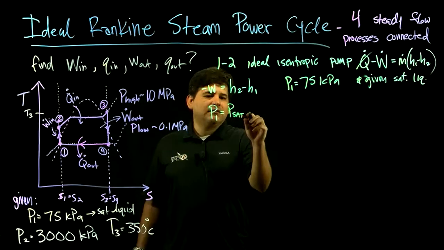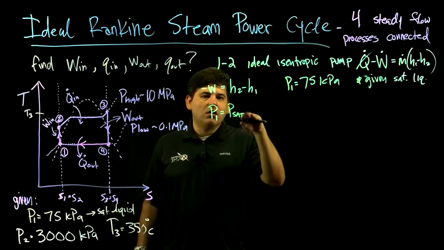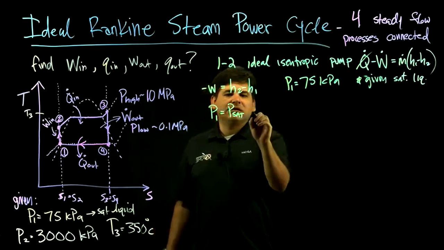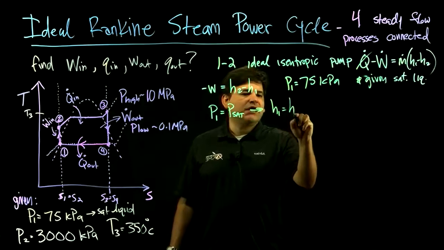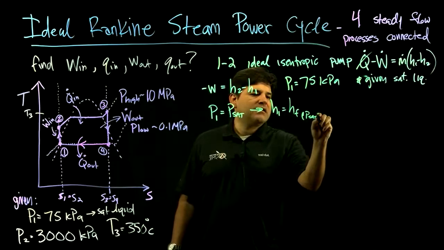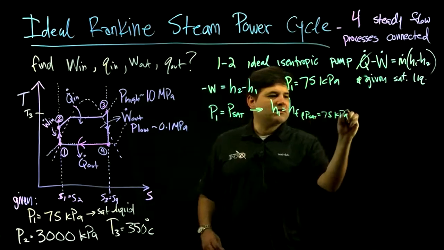We're going to look for P sat on the steam tables, and that will tell us that H1 equals Hf at P sat equals 75 kPa. That's what that tells us.